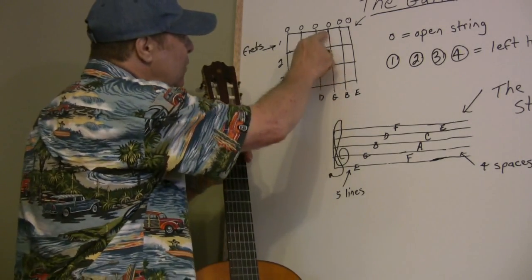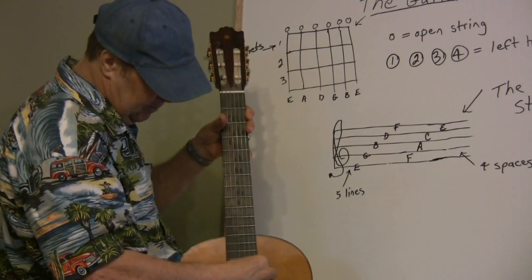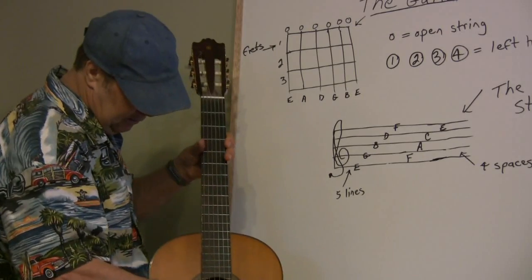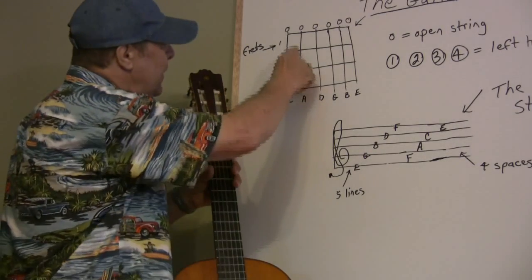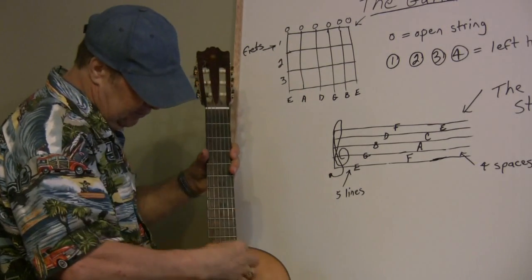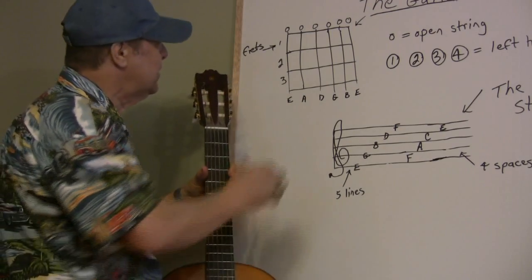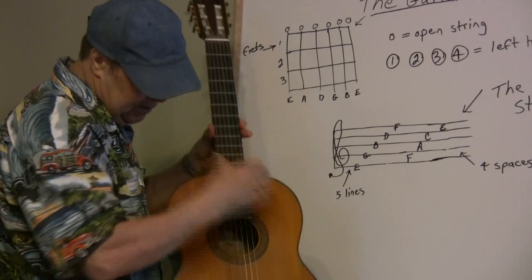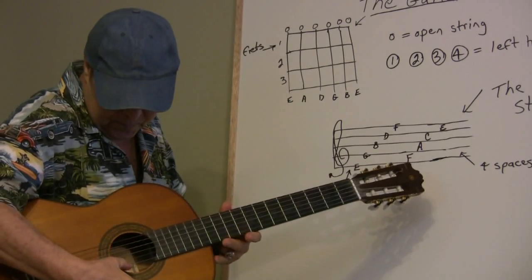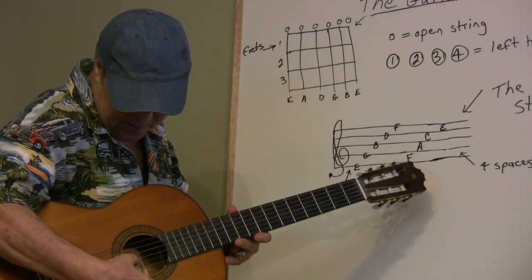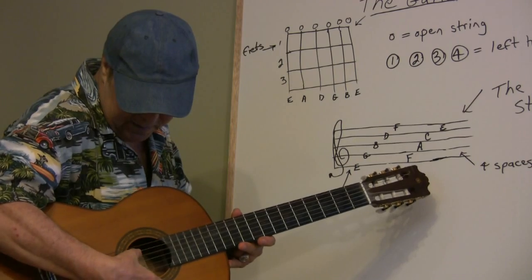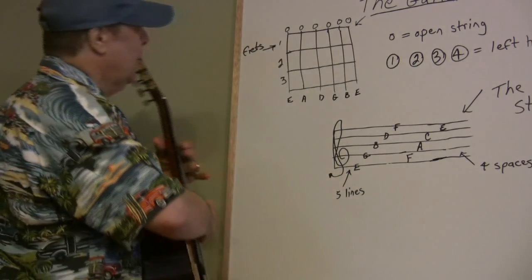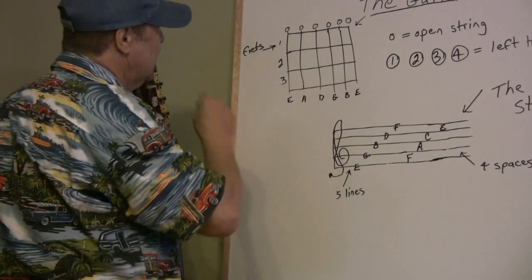If we played the third string opened on the guitar, that's this one, that gives us G. If we played the fourth string opened on the guitar, that gives us D. If we played the fifth string on the guitar opened, that gives us A. If we played the sixth string on the guitar opened, it gives us an E. So the strings on the guitar, we have the notes E, B, G, D, A, and E. Now, that's the open strings on the guitar.